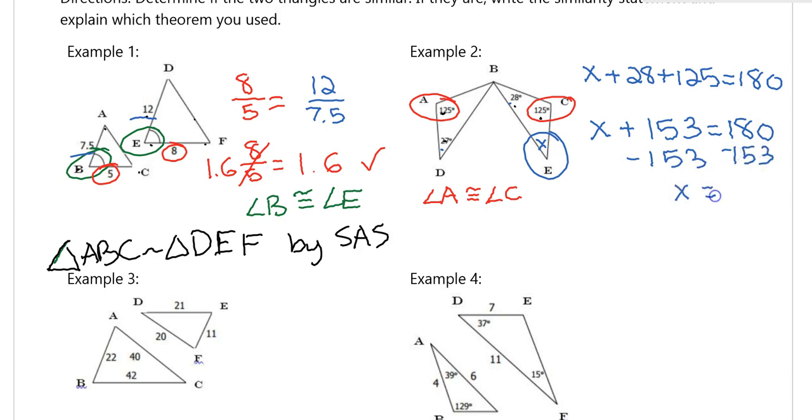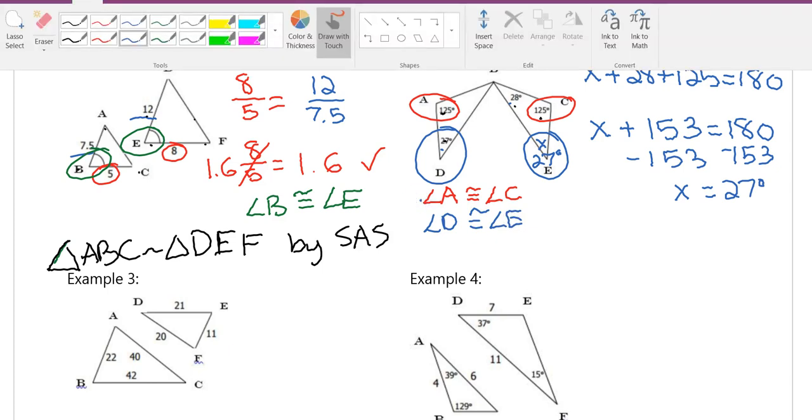So x equals 27 degrees. Ooh, that's nice because D is also 27 degrees. So now I can say angle D is congruent to angle E. Well, now I have an angle and another angle, so I can write my similarity statement.